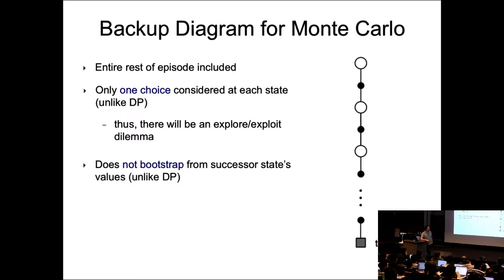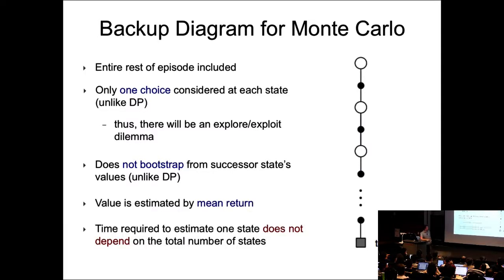It doesn't bootstrap from successive states, unlike in dynamic programming where we're computing expectations as opposed to just doing samples. The value is estimated by the mean return, and the most important point is that the time required to estimate a state doesn't depend on the total number of states. And this is the beauty of Monte Carlo methods.